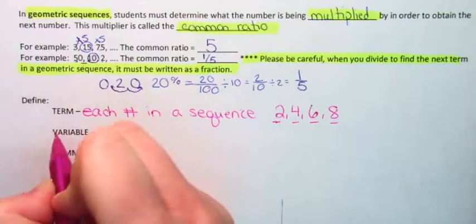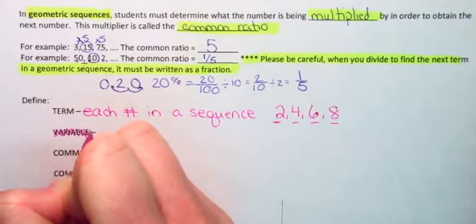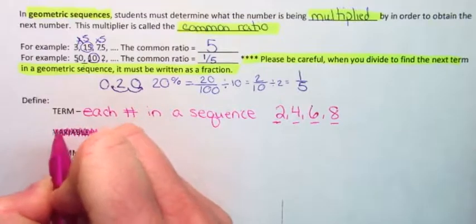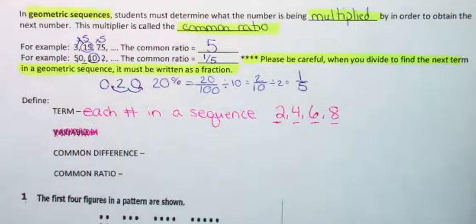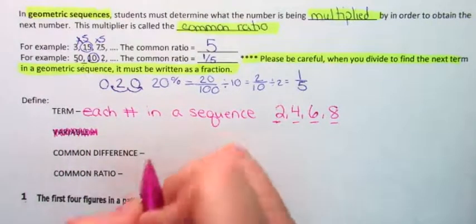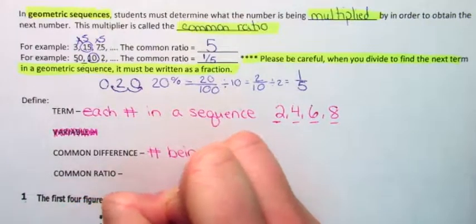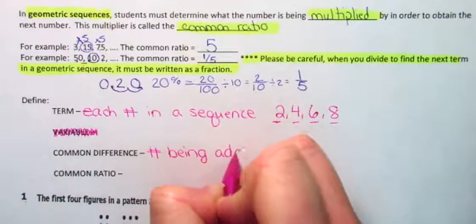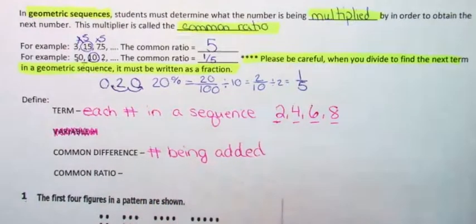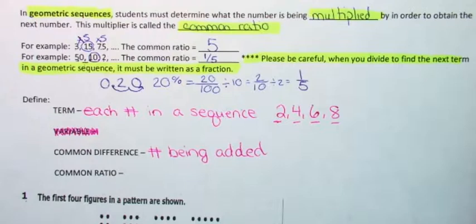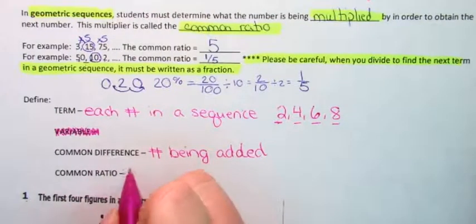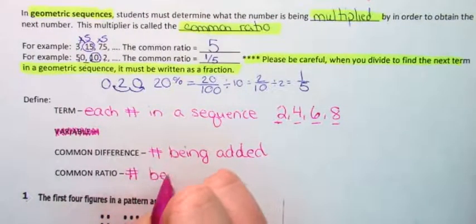You can go ahead and mark out variable. This is for my 7th graders, but we're not going to worry about the variable part right now. The common difference is the number being added. Common difference means added. And the common ratio is your number being multiplied.